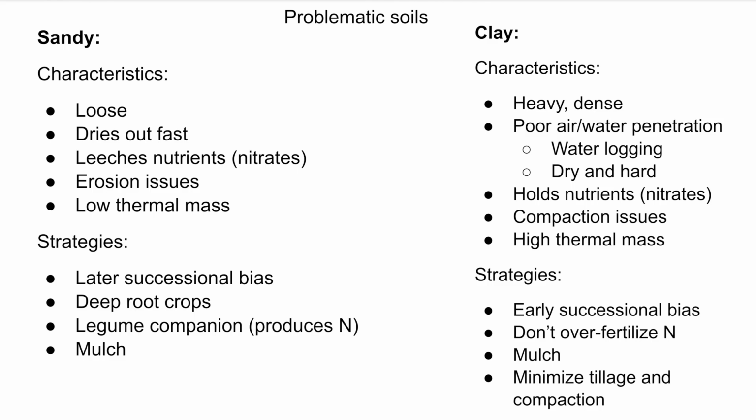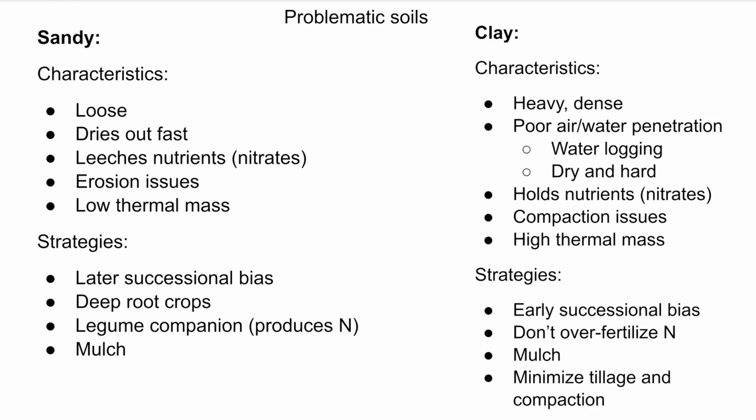Sandy soils can usually be decompacted easily. Another option is that deep-rooted plants will have an easier time because of the looseness getting down deeper and accessing moisture. Sandy soils also leach nitrates easily. So not only does it naturally promote mycorrhizal fungi because of its looseness, but it also naturally sheds nitrates.